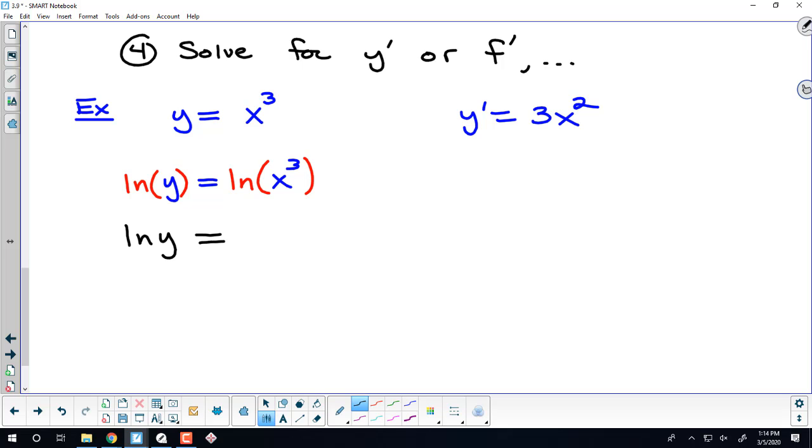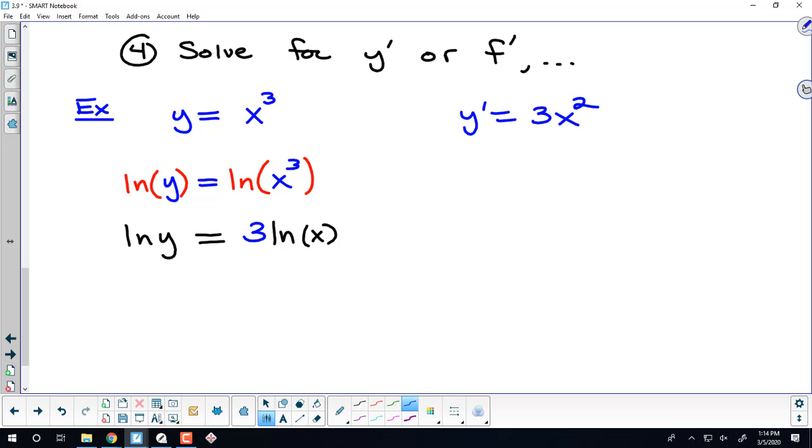What can we do with the natural log of x cubed? Yeah, 3 can come out front to multiply the natural log of x. And that's as far as we can simplify using properties of logarithms. So we take the log, simplify with properties of logarithms, then we take the derivative. It's super important that you simplify as much as you can.